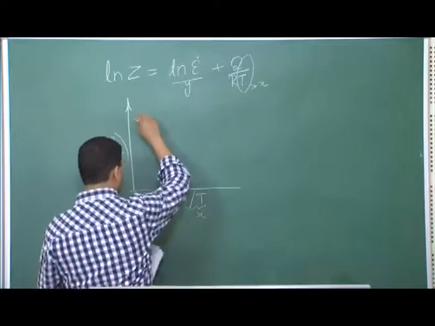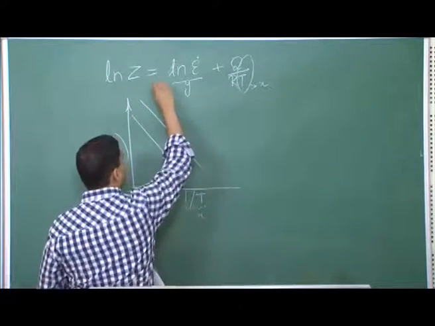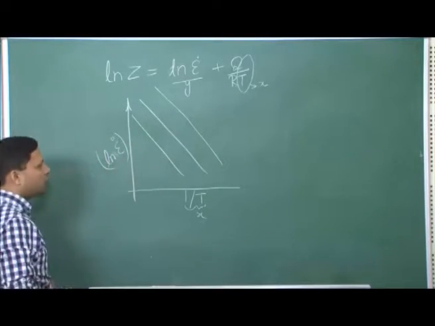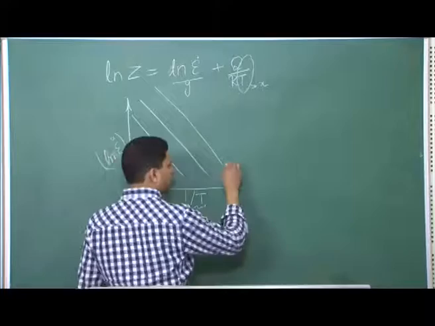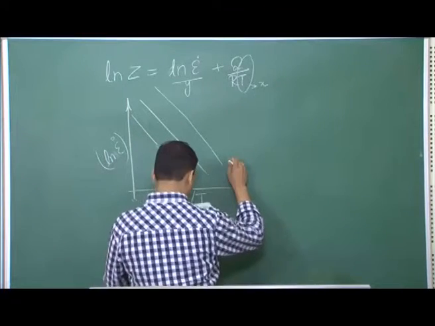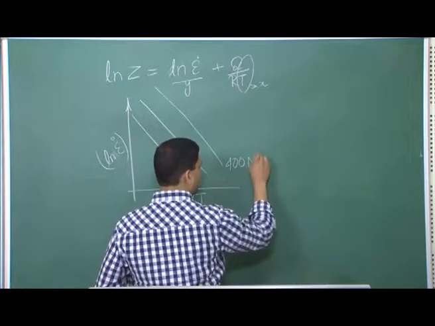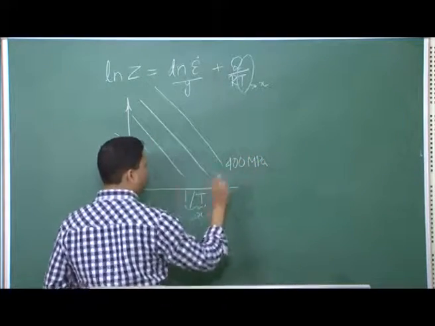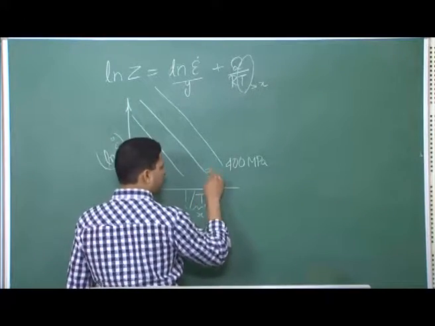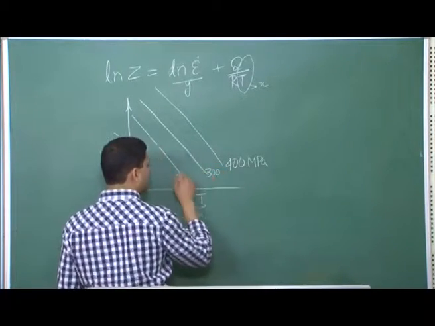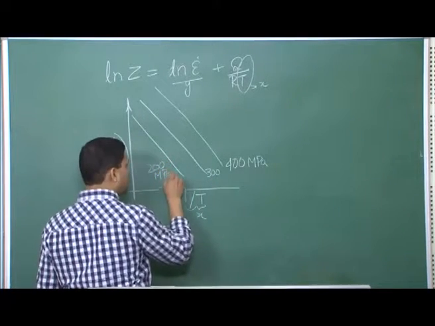Now, what you will get are straight lines like this, and each of these straight lines actually represents a unique flow stress. So, for example, on this side it will be increasing. So, it is 400 megapascal. It could be, this is just a schematic, I am not giving you absolute values, just take it as a schematic of how the flow stress is changing.